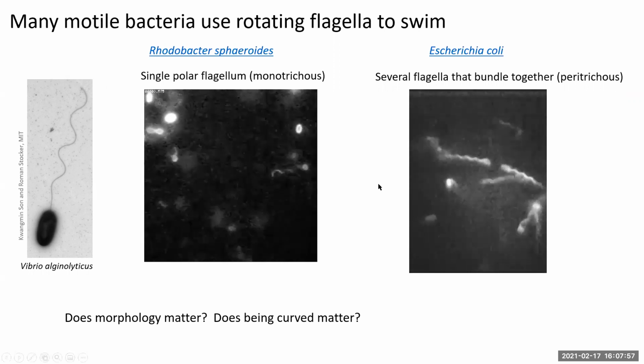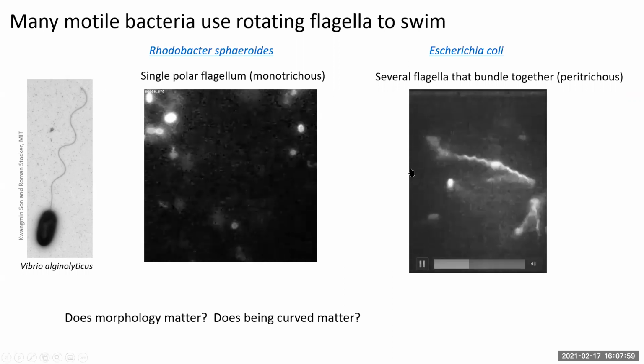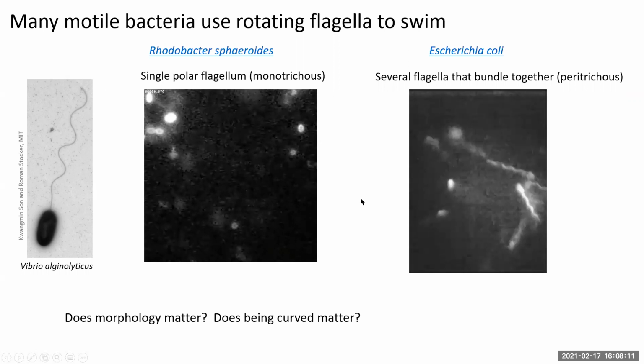So in my modeling, I've always just assumed there's one of these propellers behind the cell, and if it was something with a bunch of flagella, as long as they were in a bundle, we're more or less okay in that approximation. But again, the question is, how does the morphology matter here? Does a curved cell body have some effect versus a sphere or a straight rod or something else?